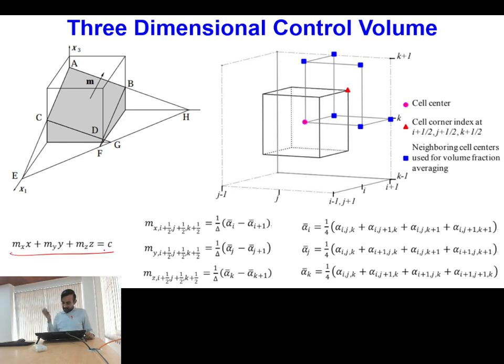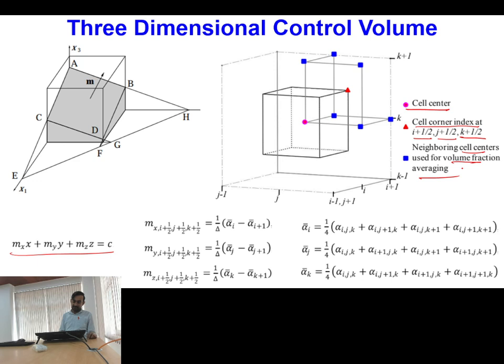Here in this control volume, this is the cell-centered location, this is the corner index i plus 1/2, j plus 1/2, k plus 1/2, and these blue-colored things are neighboring cell centers.